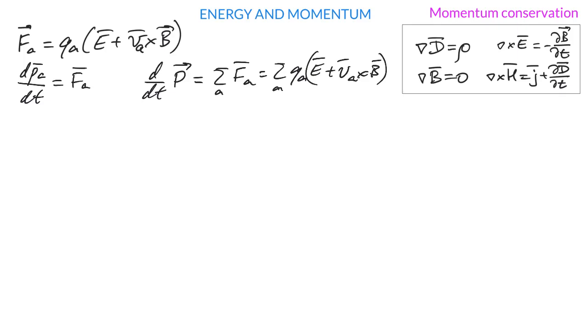Now we could go from sum over particles to integration over the volume, and then we'll find the expression with rho E, where rho is the charge density, plus J cross B.